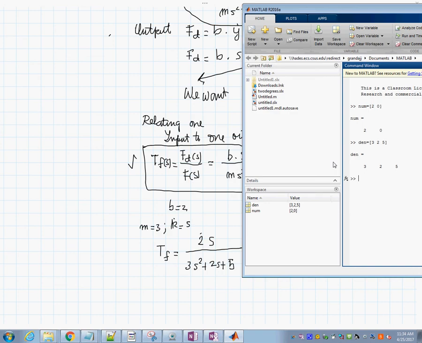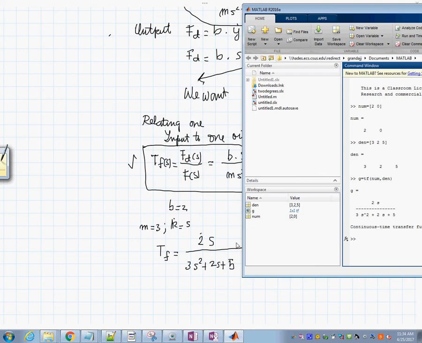So g is going to be defined as the transfer function between the numerator and the denominator. And lo and behold, I have my transfer function as I have it on the left-hand side, right? Do you see it there? This is the transfer function right here, which is exactly the same as this one.